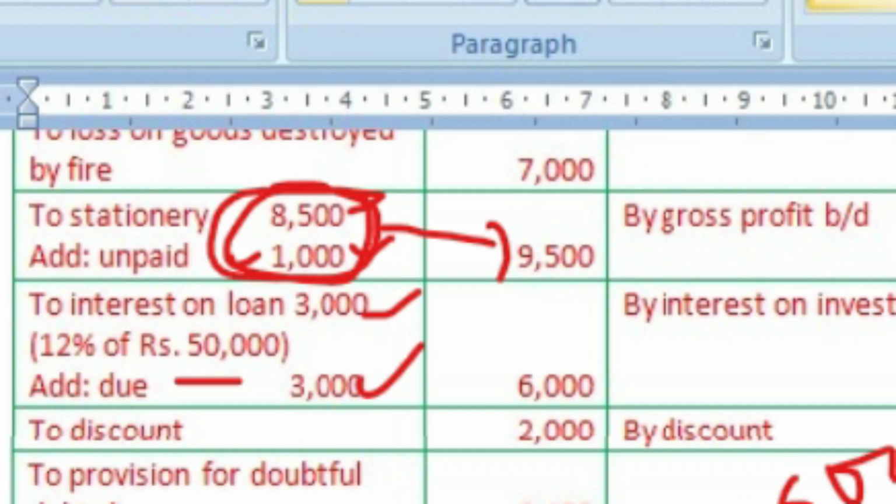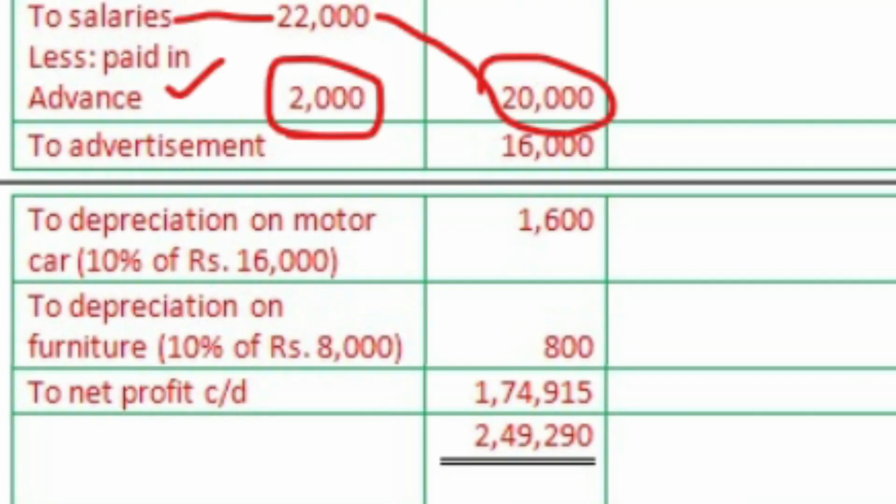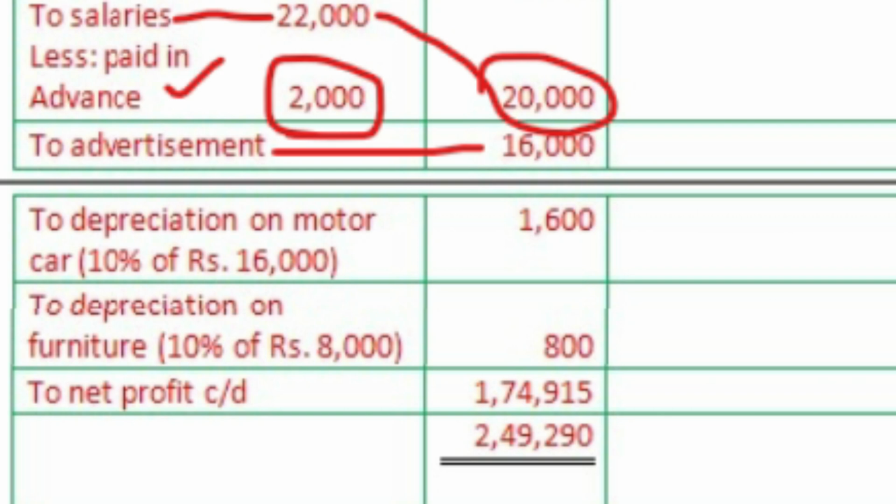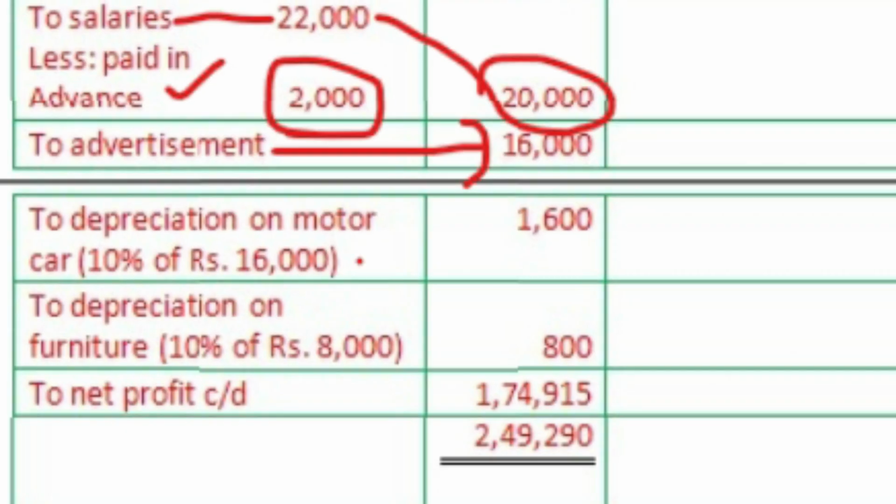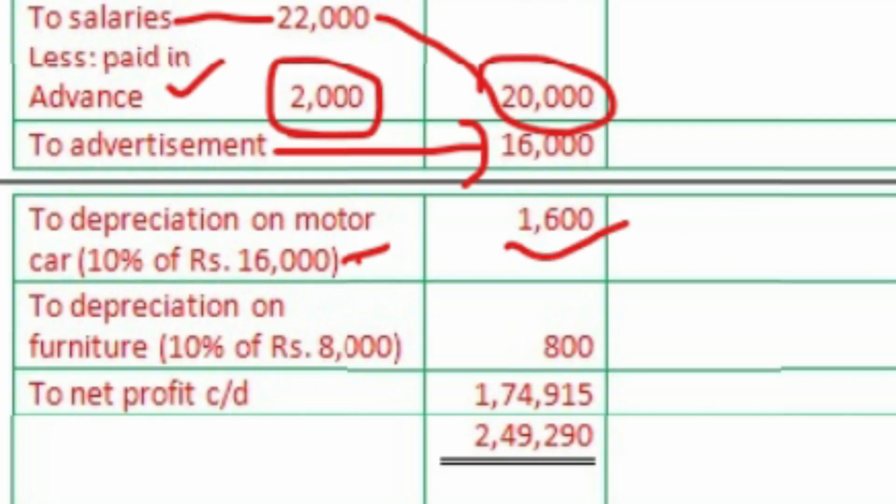And now here the depreciation and advertisement expenses are given in the question. It is 16,000, and depreciation on motor car is given as 10%. So 10% of 16,000 motor car value is 1,600. And depreciation on furniture is given in the question as 5%. By mistake I have taken 10% here, so it will be 5%.